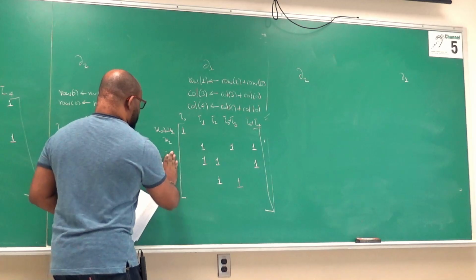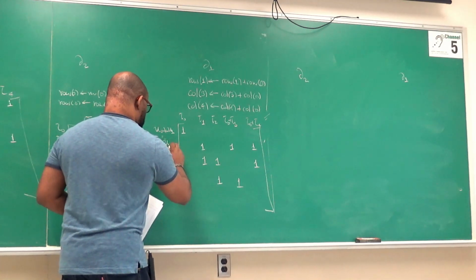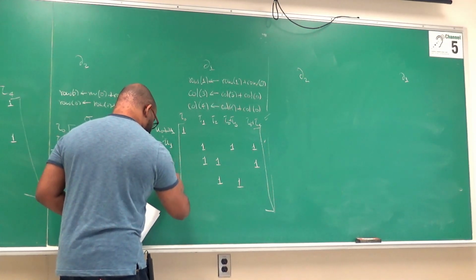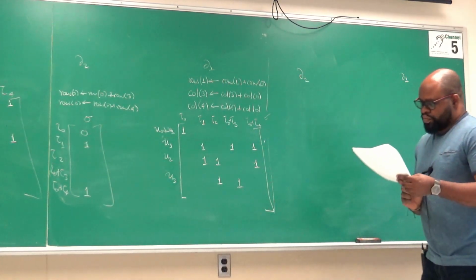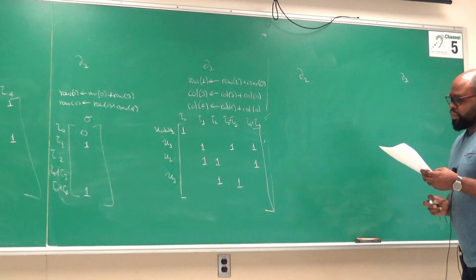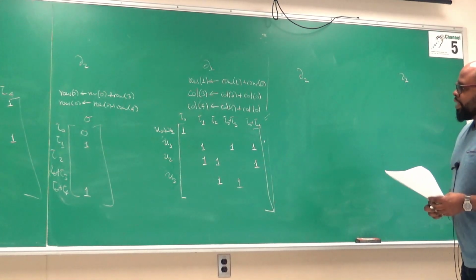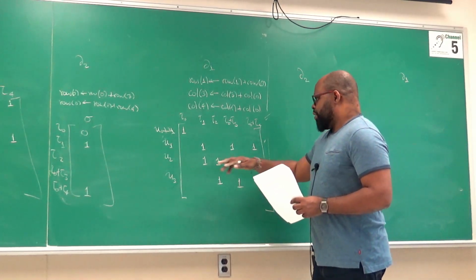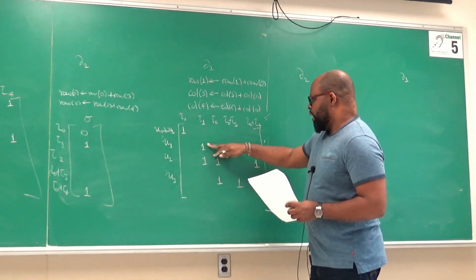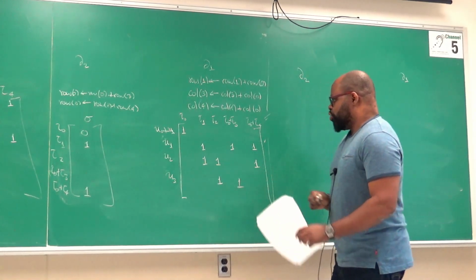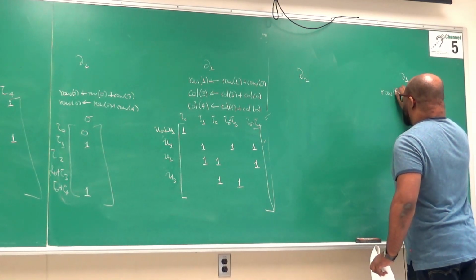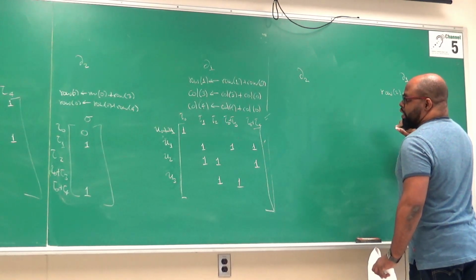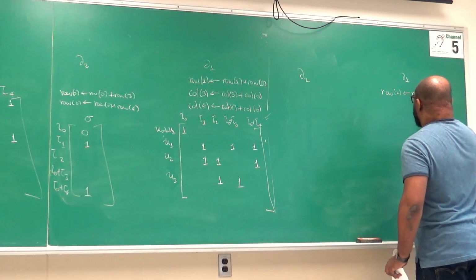Yeah, let me change that. So 0, 1, 2, 3. Okay. Yeah, so now let me use row 1 to change row 2. So I'm going to let row 2 be row 2 plus row 1.